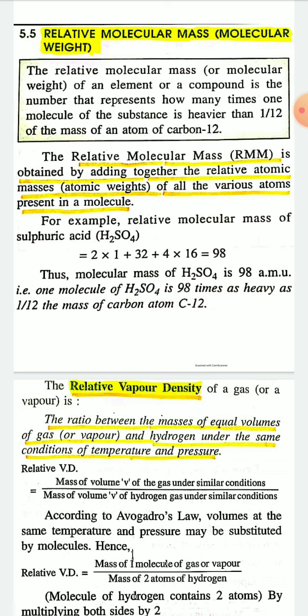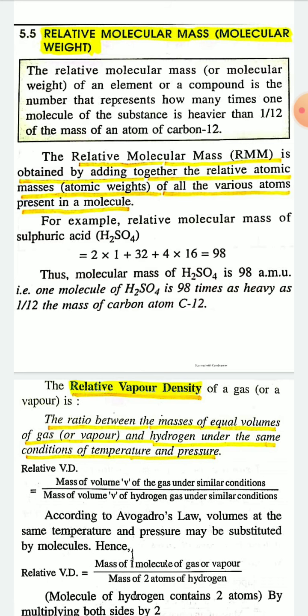According to the definition, the relative molecular mass of an element or a compound is the number that represents how many times one molecule of the substance is heavier than 1/12th of the mass of an atom of carbon-12.